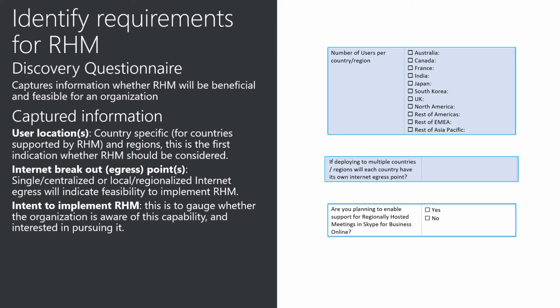The question around the intent to implement RHM is to identify whether the organization is aware of the feature and excited about that. If the response is no, but the leading indicators from the first two questions I highlighted here indicate otherwise, then you will know what to discuss further in the Envisioning High-Level Architecture workshop or the subsequent detailed design workshops.